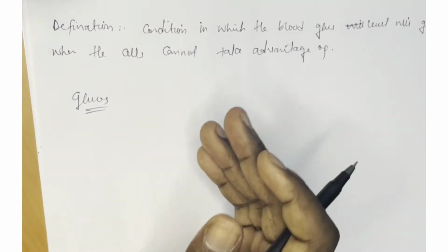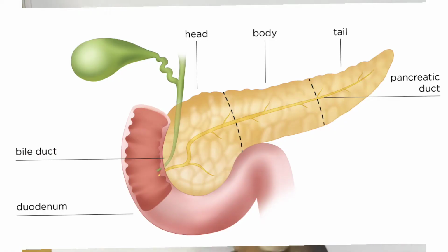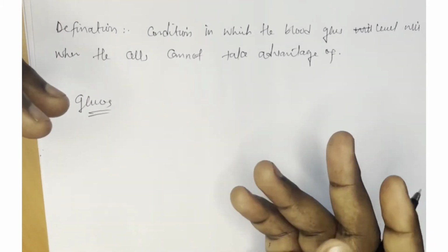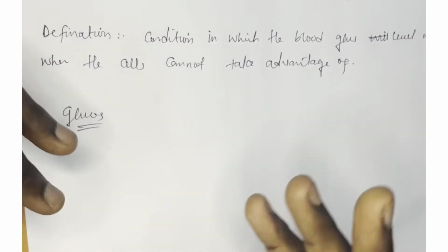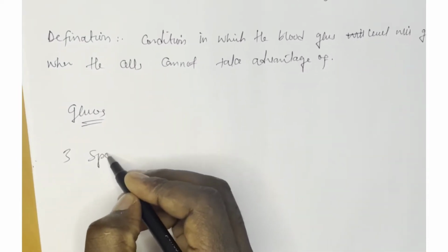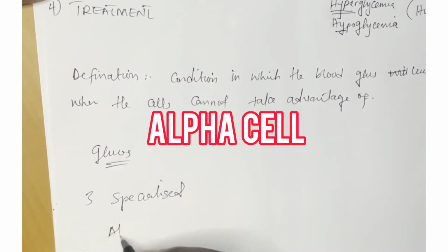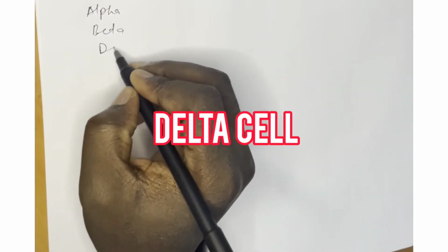When it goes to the bloodstream, there is stimulation of the pancreas. The pancreas is an organ of the body which has two functions, an exocrine part and an endocrine part. The endocrine part has 3 specialized cells, which are alpha, beta, and delta.